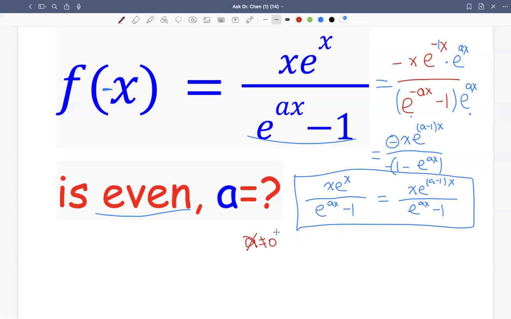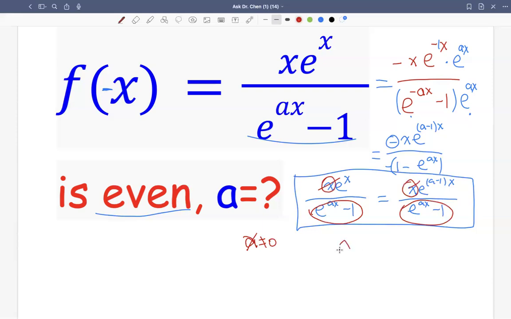So if x cannot be 0, we can divide by x on both sides. Divide x on the left-hand side, divide x on the right-hand side. So get rid of this x. Since the denominator is the same, that means the numerator has to be the same.